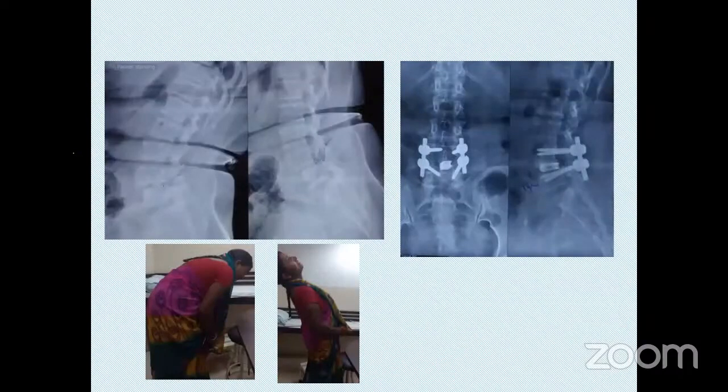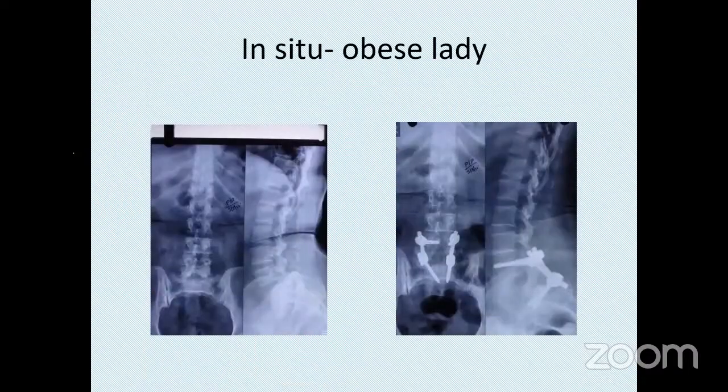Here, these are a few cases of mine in which I would like to show you how the lysis is there. So here we did an open reduction, and because there was no significant compression of the neural structure to begin with, it was just jacking up this disc space with the cage, and no central decompression was done. This was quite early in my practice.